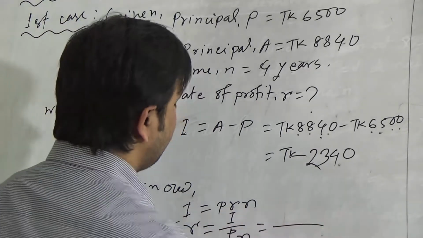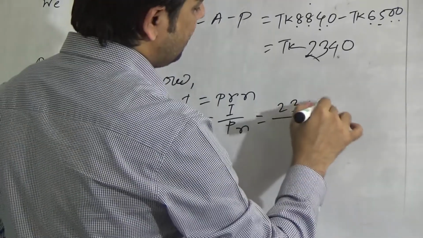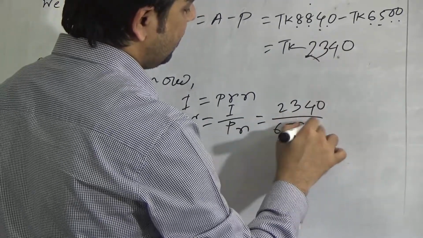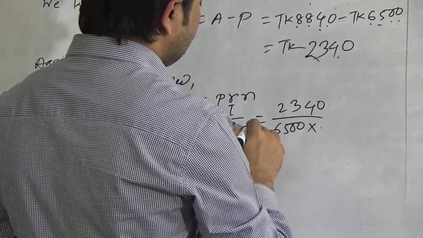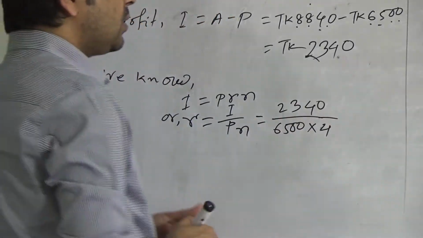Now put the value. Here value of I is 2340. Value of P is 6500. Value of n is 4. So if we calculate, what can we get?